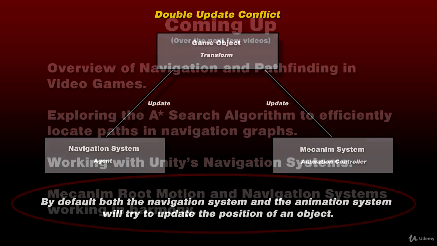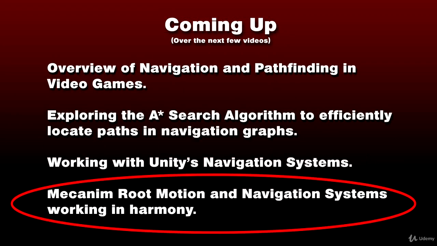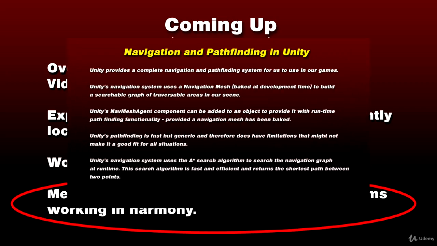Now, we're going to be looking at how I resolved this issue a little down the road when we start using Mecanim and writing our AI behaviors, but for now we just need to understand fully how to utilize Unity's navigation and pathfinding subsystems so that these later situations can be resolved easily and without friction.